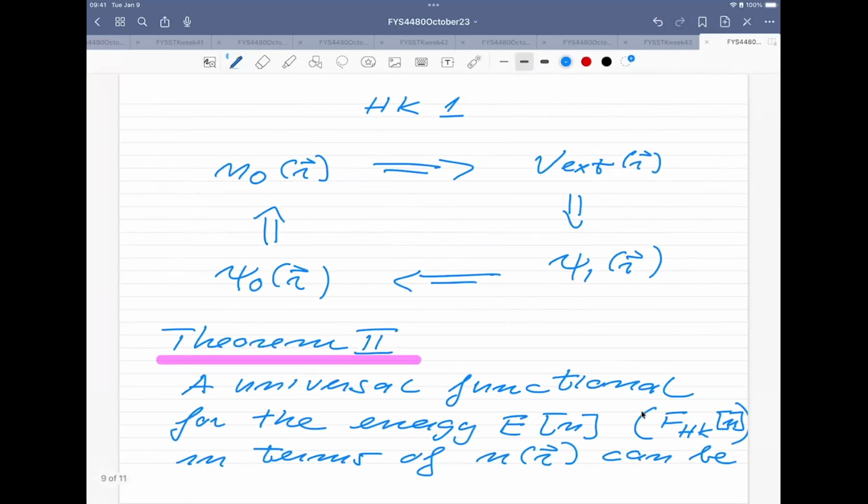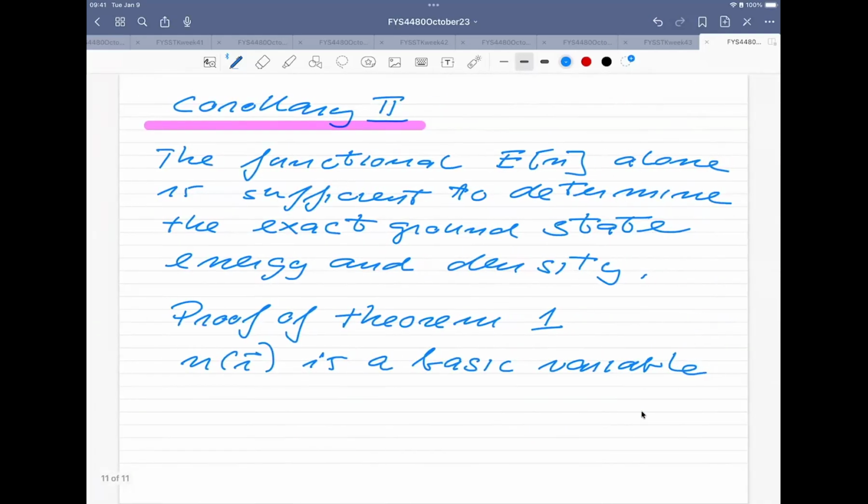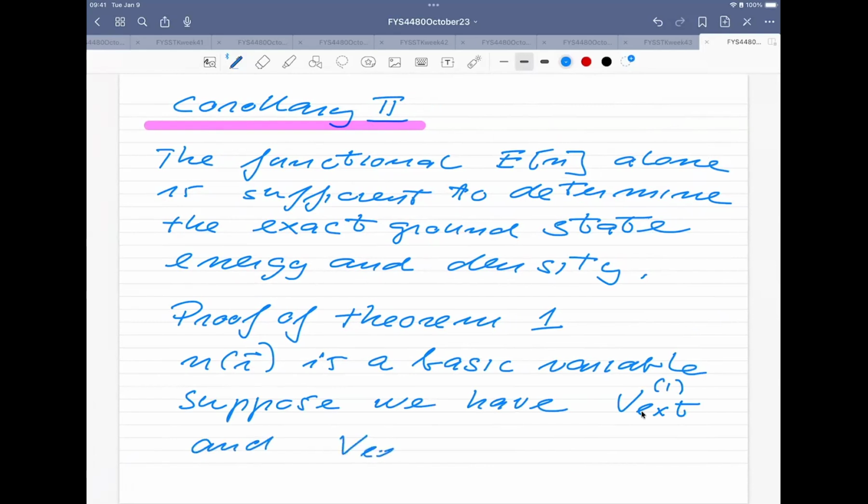So since we have now said that the density is a basic variable, let's now suppose that we have two external potentials, and we label this as 1 and the other one as 2, obviously.